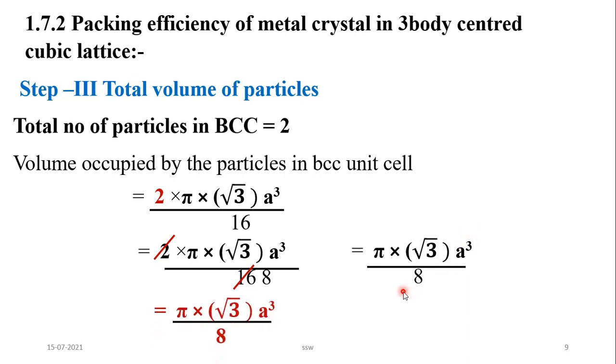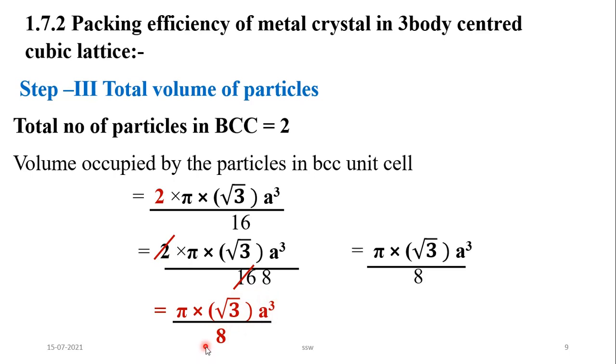And that is the total volume of particles in BCC structure. So volume occupied by the particle in BCC unit cell is equal to how much? Pi into root 3 into A cube divided by 8.